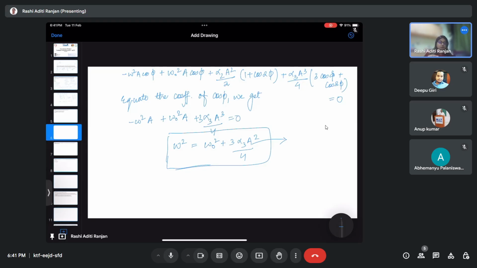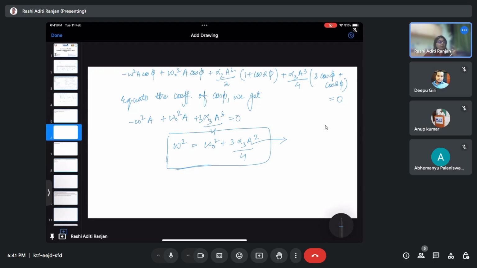Something gets added to the natural frequency of the system. So the oscillation frequency of the solution keeps changing with the amplitude and the initial condition.